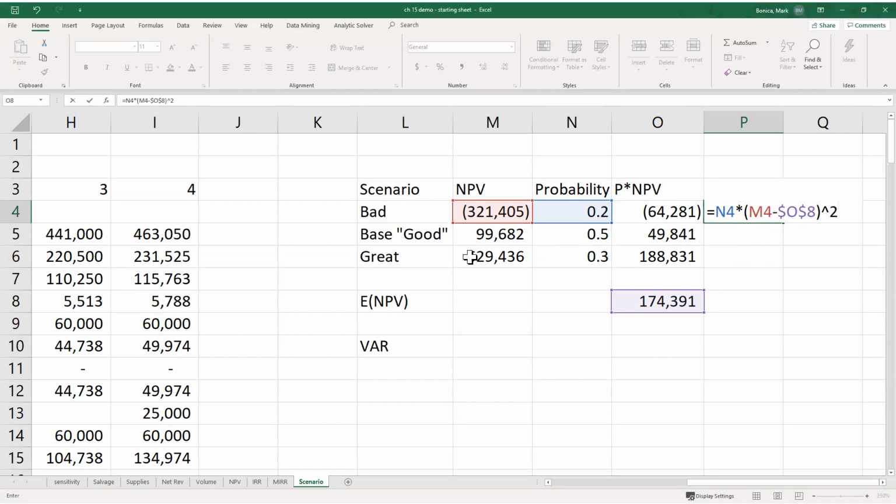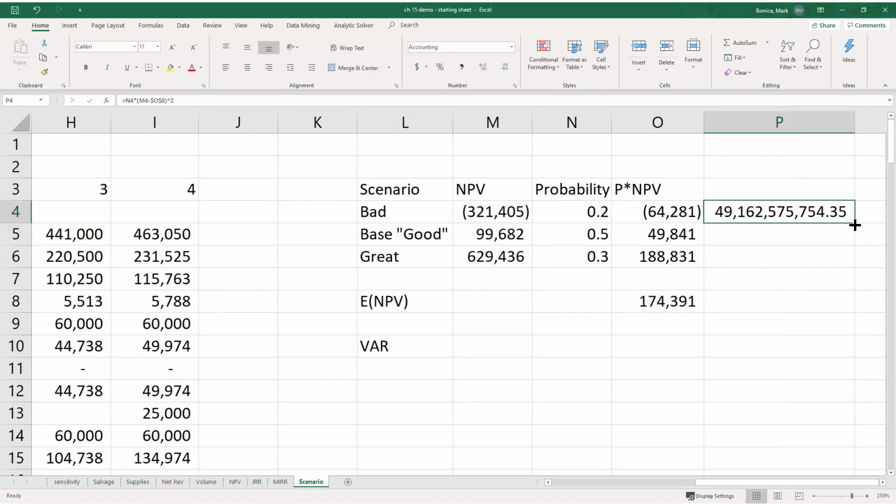M4 will become M5, which is the NPV for the base case. And then O8, because I've locked it, will stay referring to the expectation, right? And then raised to the second power. Well, nothing happens there. So I'm going to just copy those down, right?